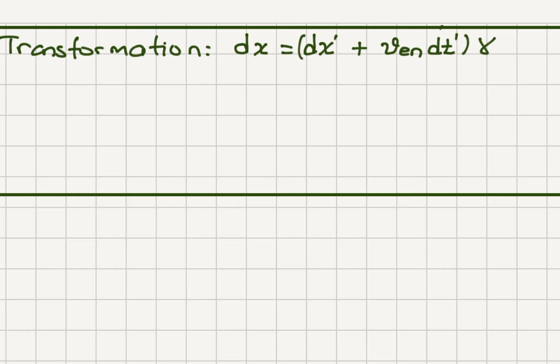And the time transformation, dt, it was equal to t prime, it's now dt prime. Now I had x prime times vn, so it's vn times dx prime divided by c square multiplied with gamma.